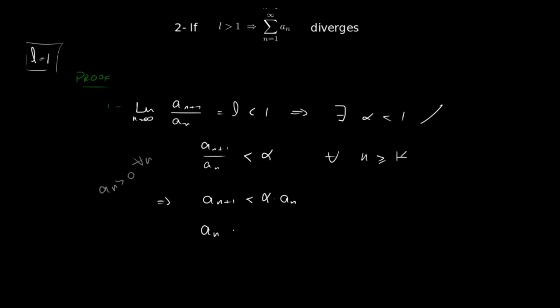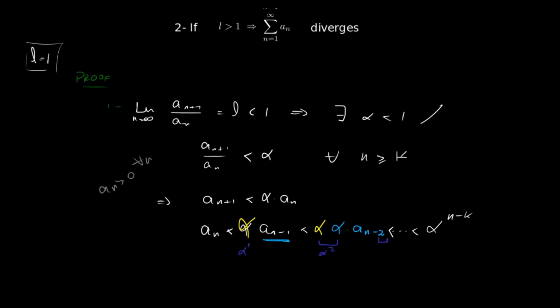But then this happens for every n greater than k, so what we're gonna have is also that a sub n is smaller than alpha times a sub n minus 1. And so writing this alpha like this, we have that a sub n minus 1 is smaller than alpha times a sub n minus 2. And so when we get to the number k, we're gonna have that this is smaller than alpha to the power n minus k times a sub k, because if you think about it, here we have alpha squared and n minus 2.